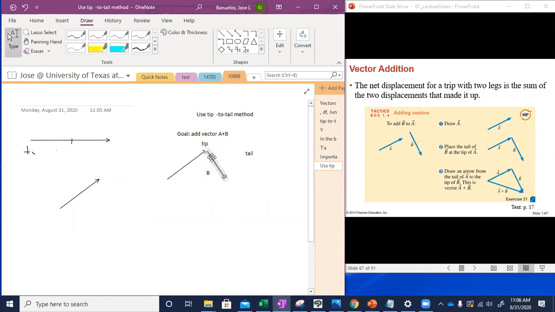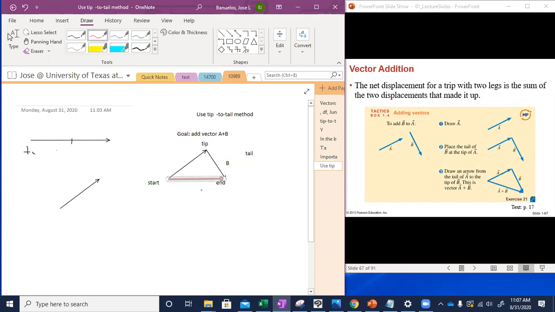The moment you do that, the answer is the new vector that connects where you started from with where you ended. So we started on vector A, and then we finished at the tip of vector B. Your answer is the arrow that connects your starting point with your ending point.